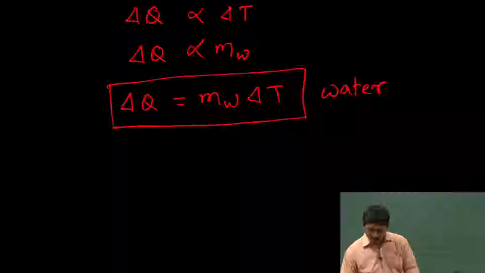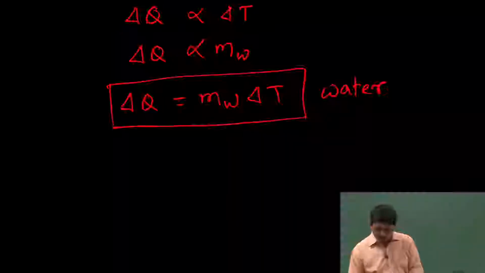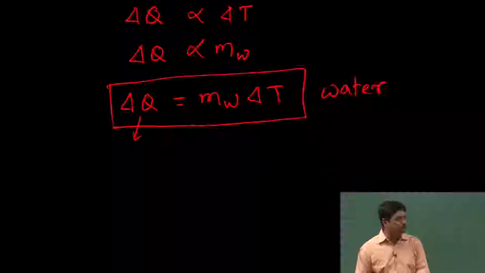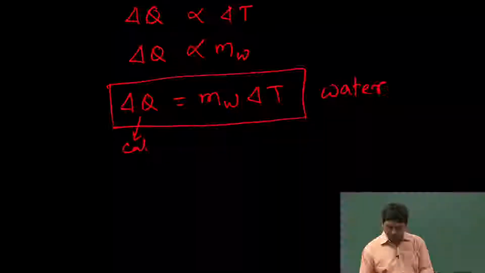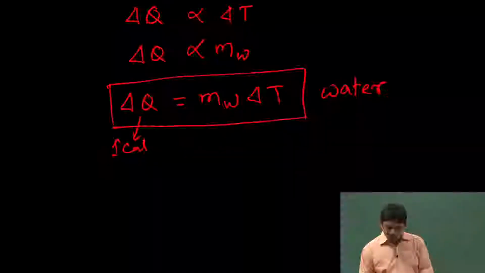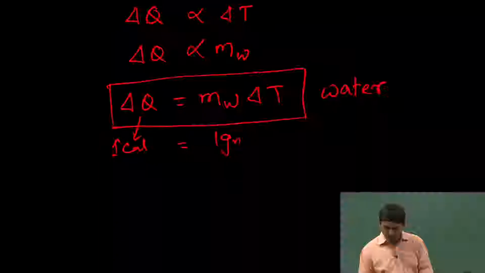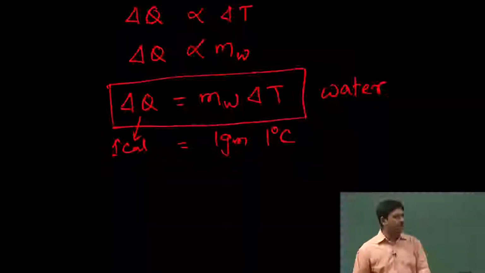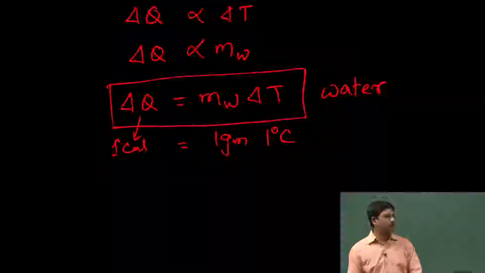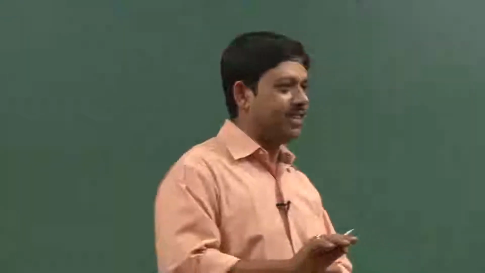So, we can now define a new unit for heat as calorie. So, 1 calorie will be when 1 gram of water is increased by 1 degree centigrade in temperature. By definition we are taking that, so there is no constant in this particular water. So, what kind of constant do you think we will have?